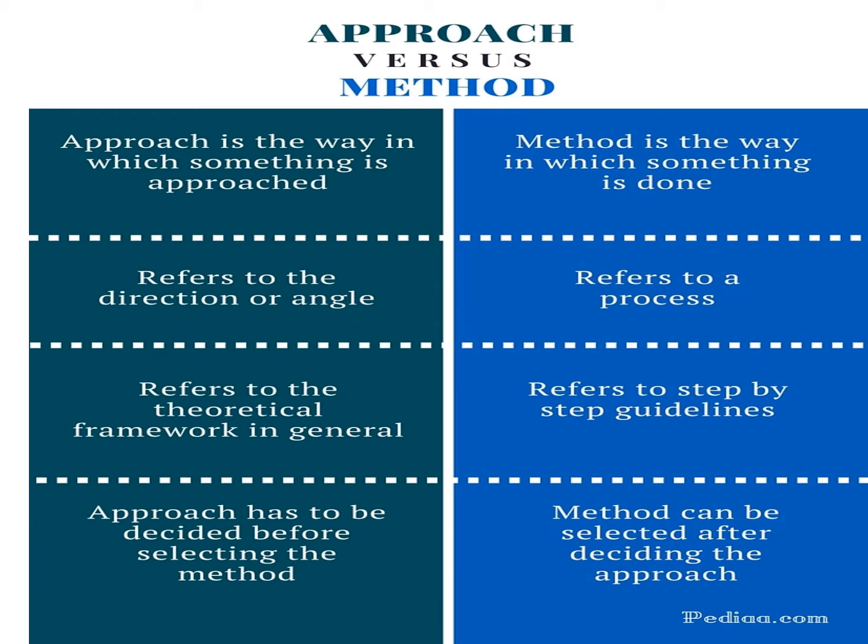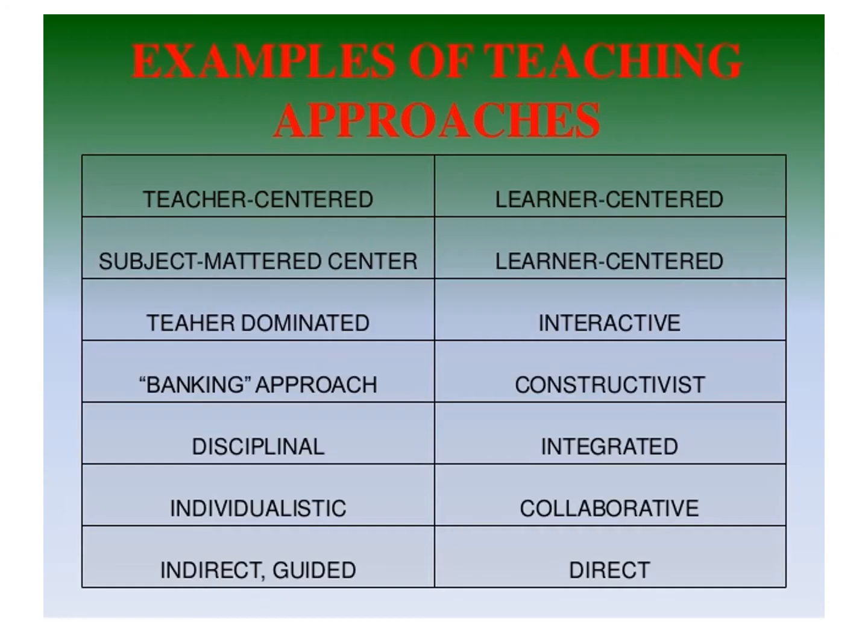Then we will decide what strategies and techniques we will use in this way to achieve our aims, objectives and goals. So here you can see the examples. What are those examples?